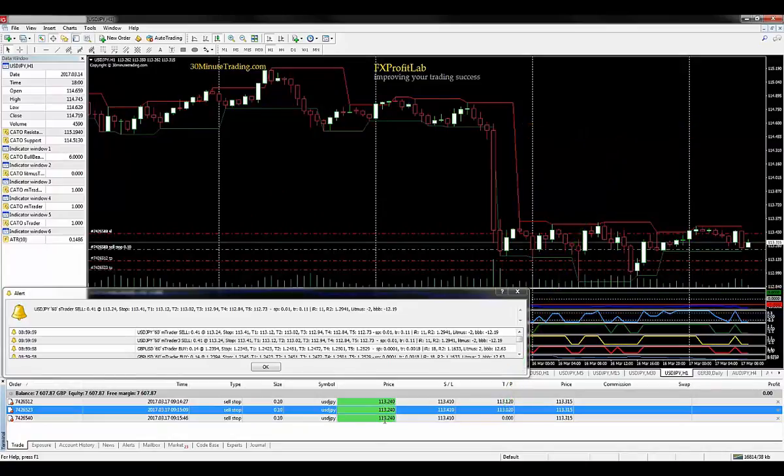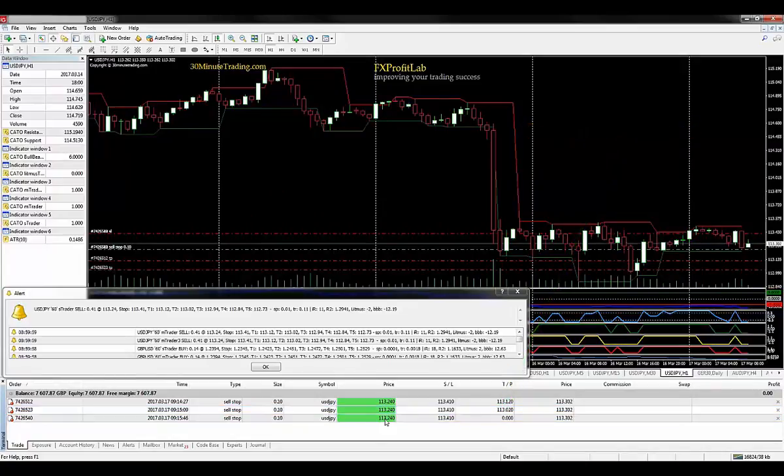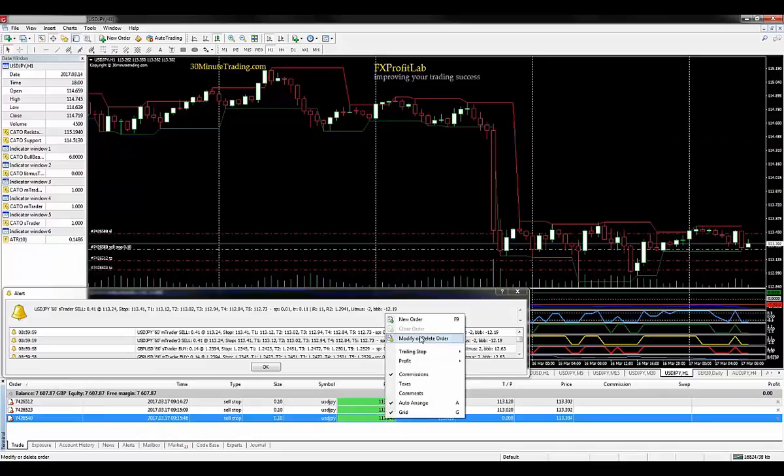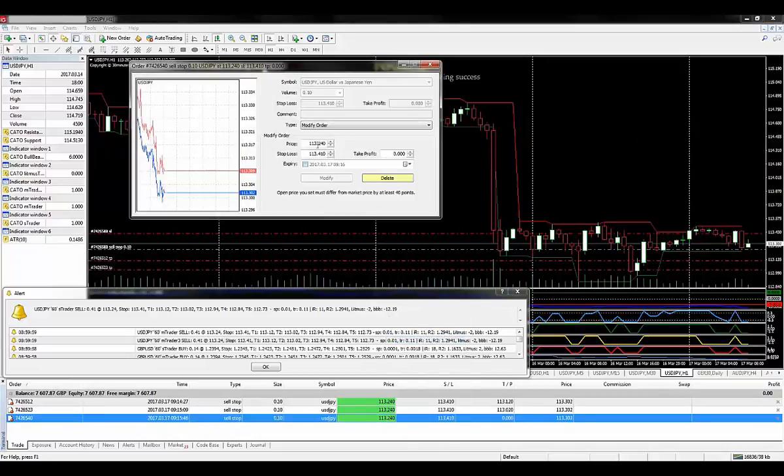And we're going to take the next one, targeting T3. Modify that. And we're going to put the target on here, 113 point.